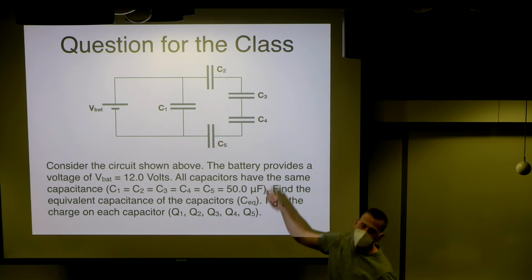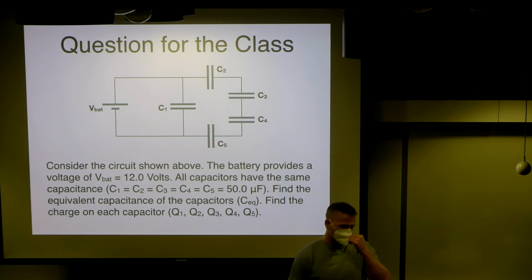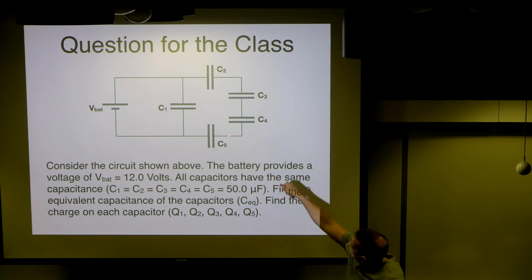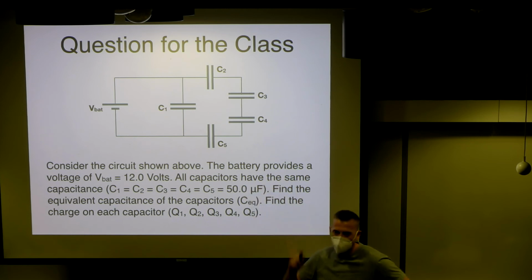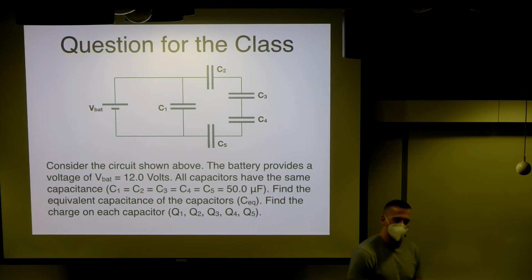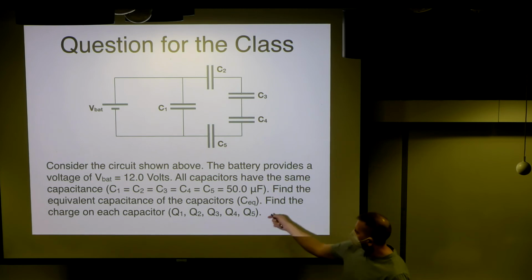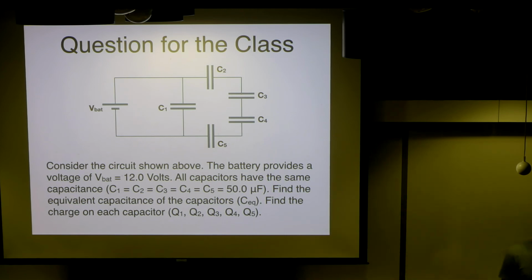Then once you've done that, what would the next step be? Yeah, then this entire combination would be in parallel to C1. And then you combine those two, and now you're down to 1 capacitor, and that's how you can solve this, okay? So start with that, try to get the equivalent capacitance, and then we'll reconvene once you have that answer, okay? So take about 5 minutes to work out the equivalent capacitance.